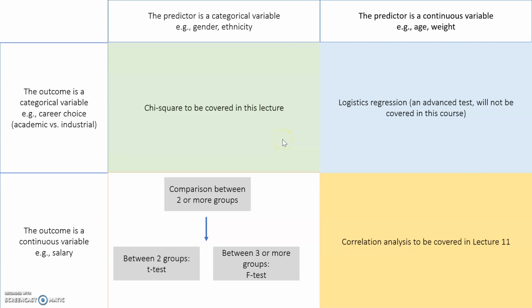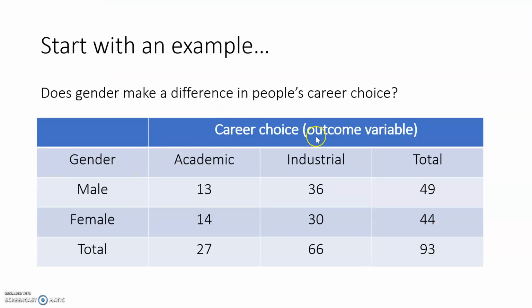First, I still want to start talking about this test by giving you a concrete example. So let's say I have a research question in my mind: whether gender would make a big difference in people's career choice. We have two genders, males and females. And for career choice, I have two big categories, academic or industrial.